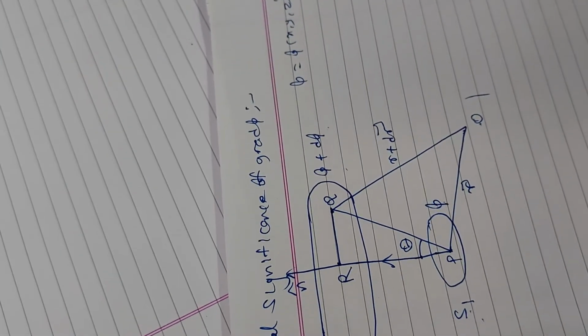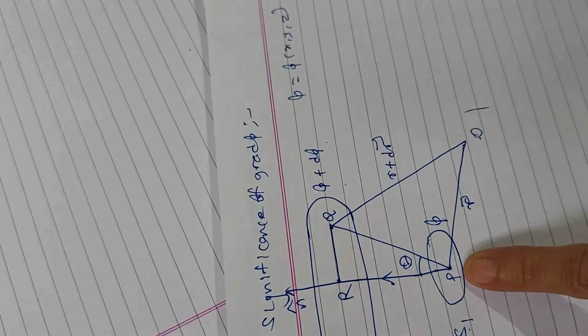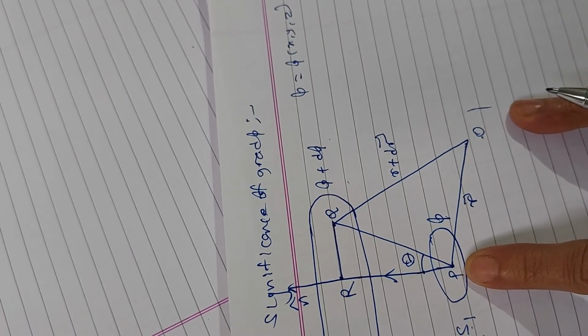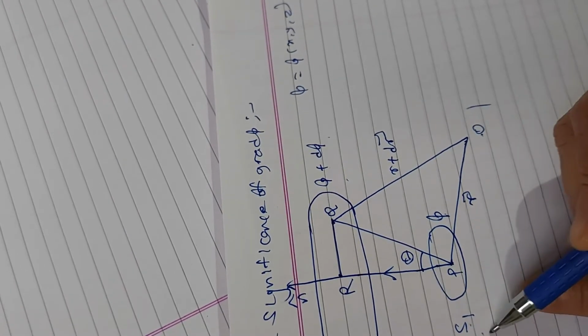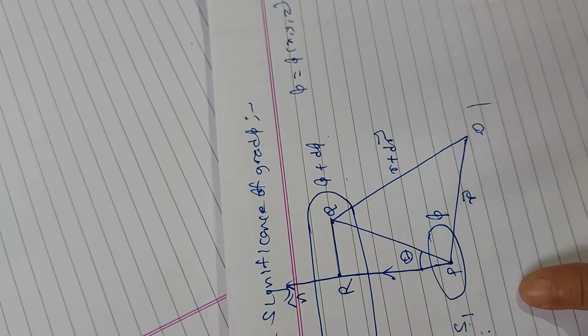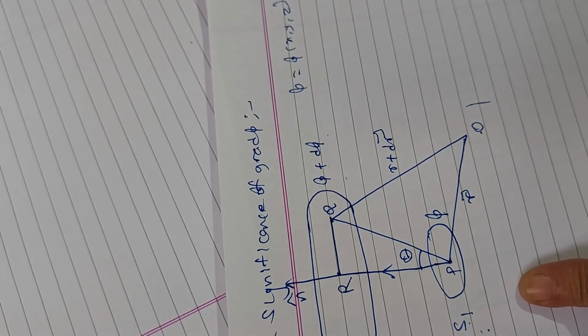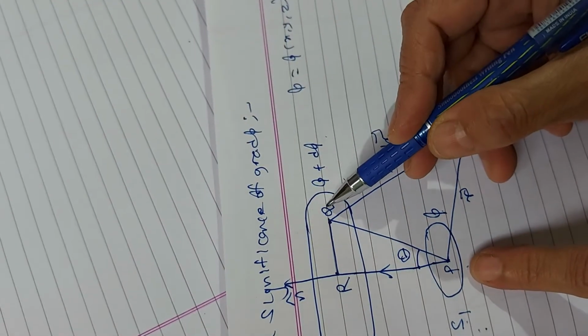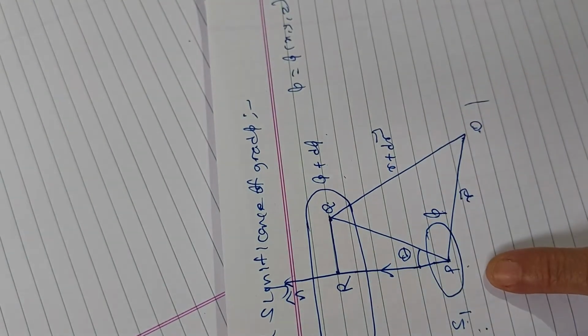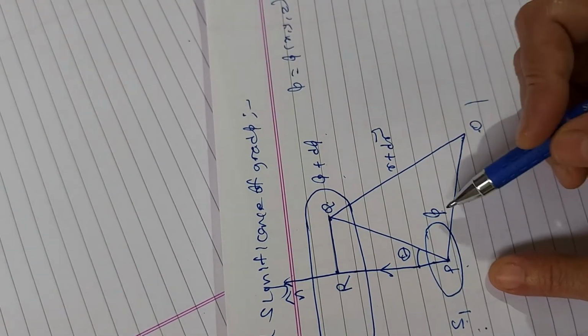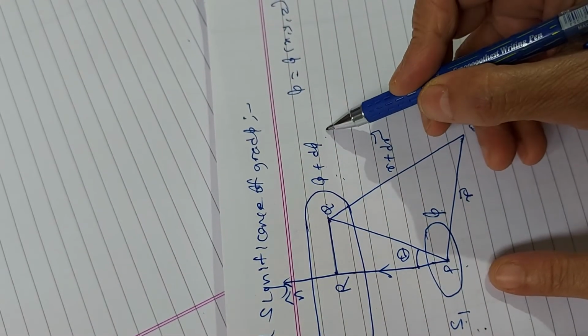Correct? Now consider the points P and Q. P is a point on the surface S1, Q is a point on the surface S2. During the movement from point P to point Q, from S1 to S2, the scalar function changes from phi to phi plus d phi. Correct?